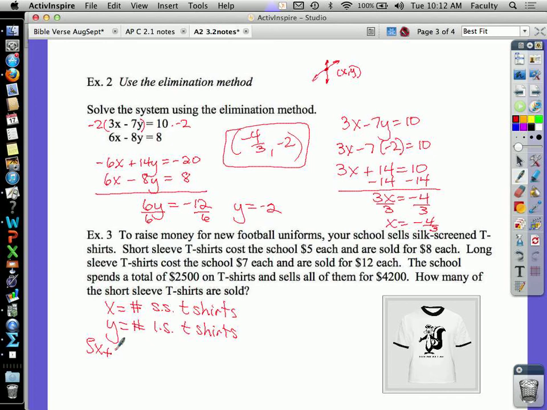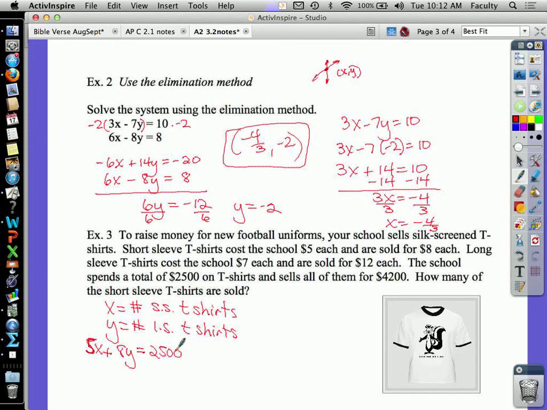Okay, wait a minute, you lost me. You said 5x, which would be 5 times the number of short sleeve. Now that's how much the short sleeve t-shirt cost the school. But 4,200 is how much the school sells them for. So it would be 8x plus 12y equals 4,200, and how much did the school pay for them? 2,500. There you go.